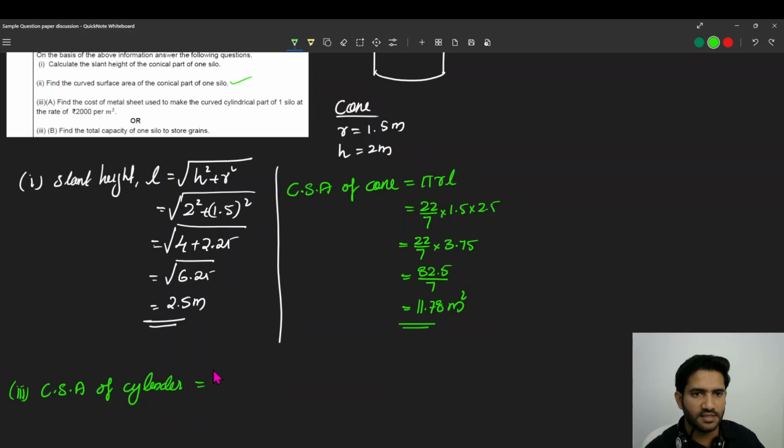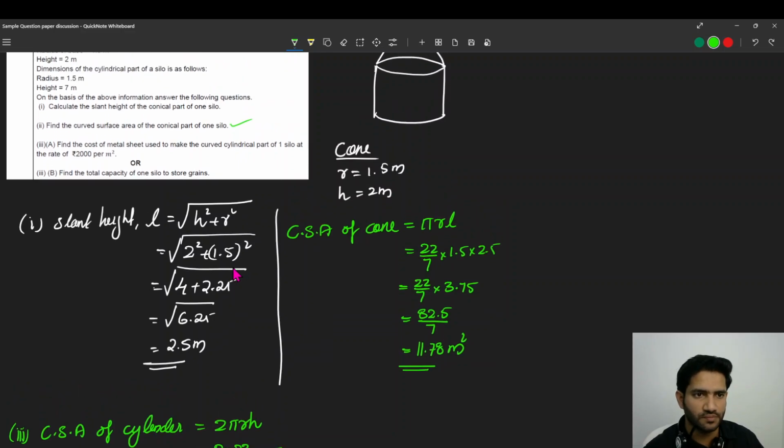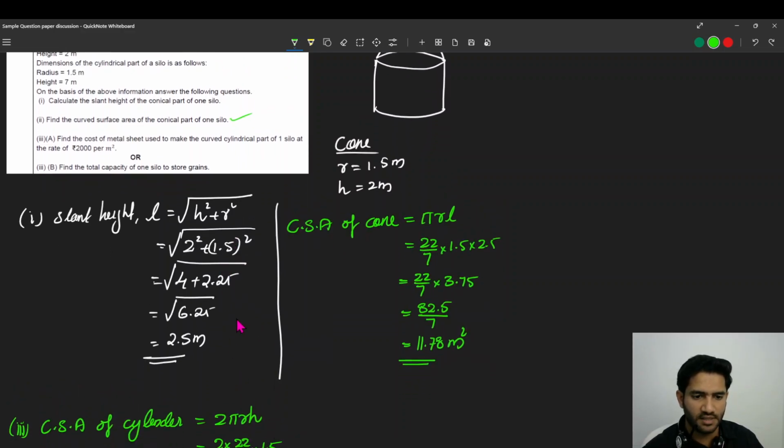We know that CSA of cylinder is 2 pi r h. So 2 into 22 by 7, radius is 1.5, but height is not 2, height is 7.